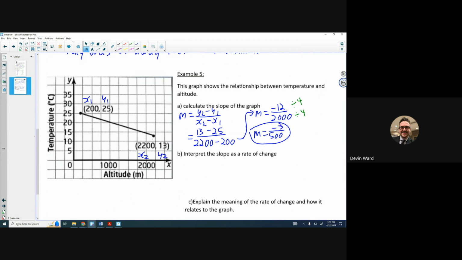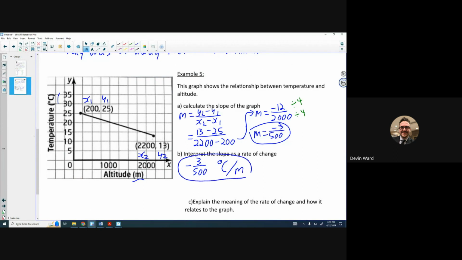So if I want to interpret the slope as a rate of change, my units are Celsius and altitude. So it would be negative 3 over 500, and I need my y unit first, so degrees Celsius per meter.